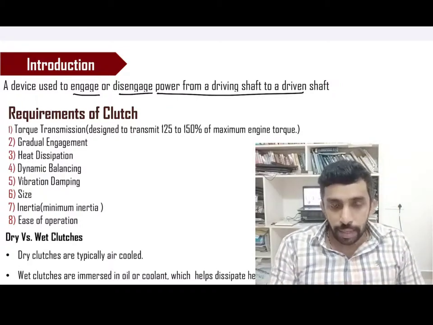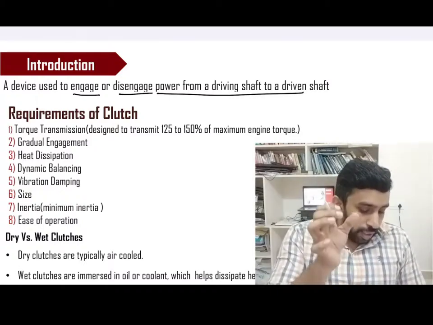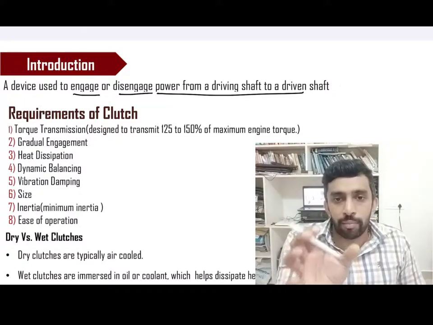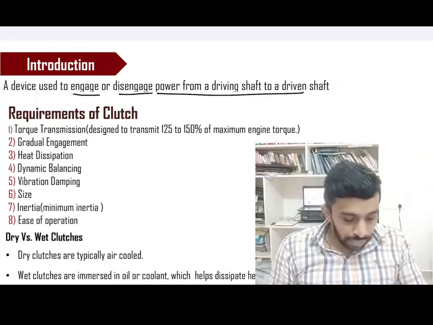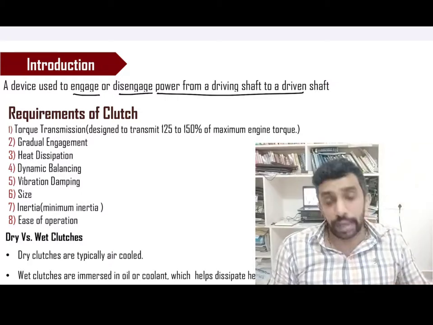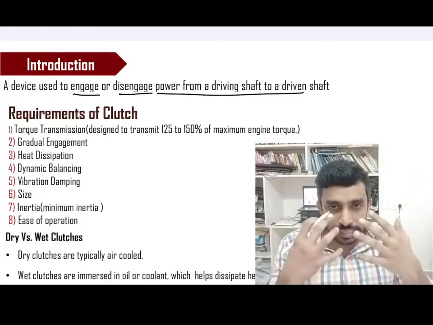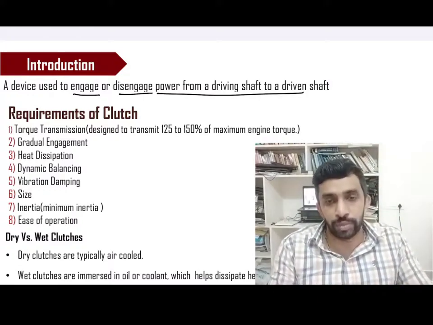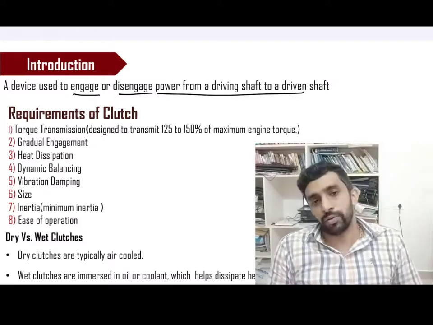Even though the main aim is engaging and disengaging, the clutch has to transmit a designed amount of torque between two shafts, and usually this is 125 to 150% of the maximum engine torque. So whatever might be the torque provided at the driver shaft, it has to transmit an excess amount of 25 to 50%. So that's one of the basic requirements of a clutch.